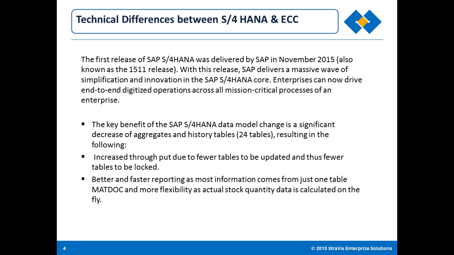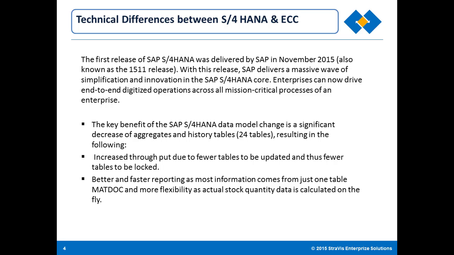So let us look into the key benefits. The key benefits are the data model change, a significant decrease of aggregates and history tables, resulting in the following key benefits: increased throughput due to fewer tables to be updated and thus fewer tables to be logged.